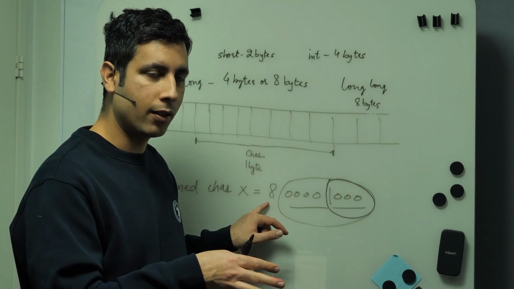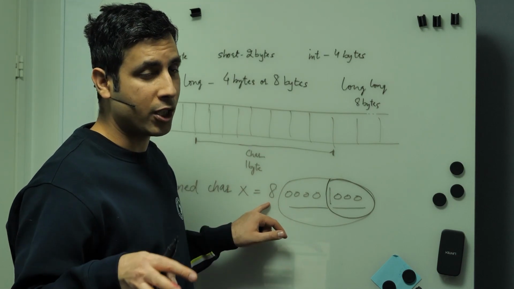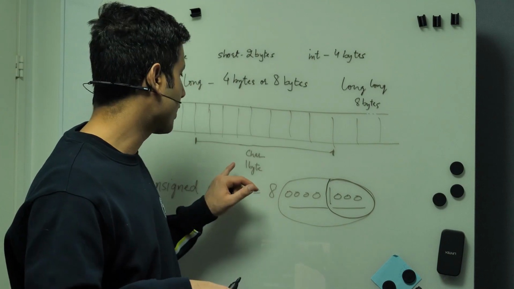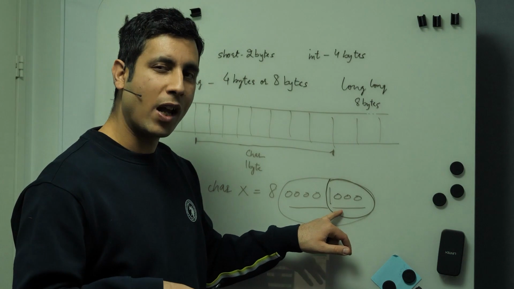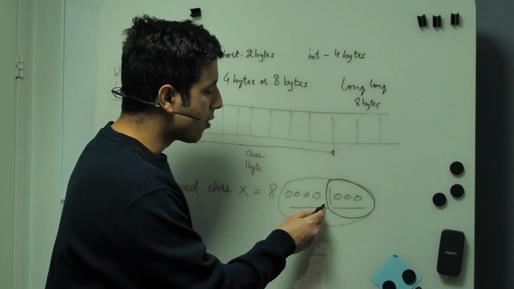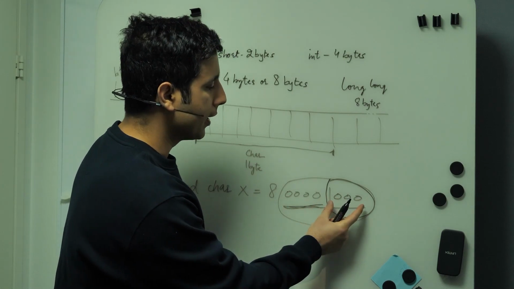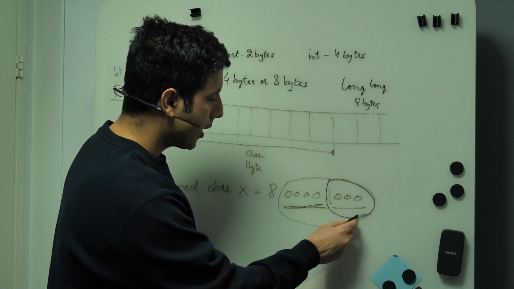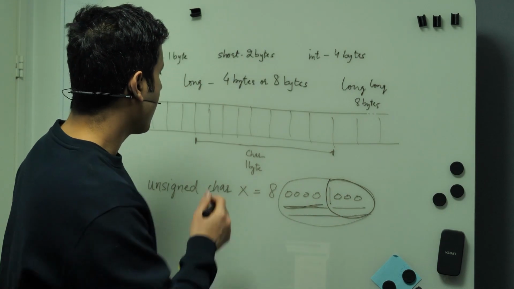The minimal data type a typical C implementation has 8 bits. That is 1 byte character type. Now, if we want to store 1000 in 8 bits, what we do is we add 4 zeros before this to make it 00001000, and this is the binary equivalent of 8, and that's it.